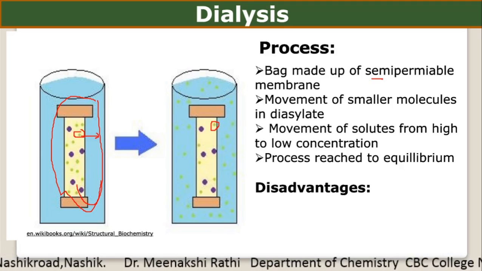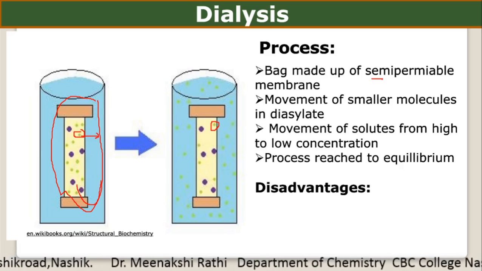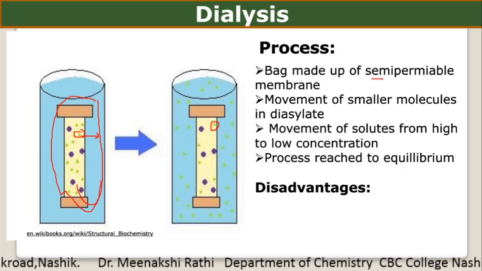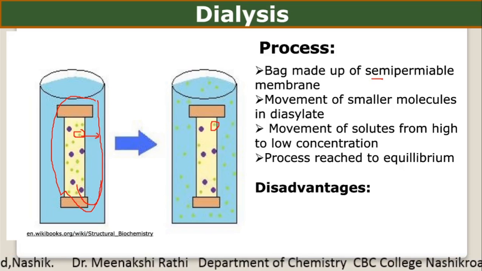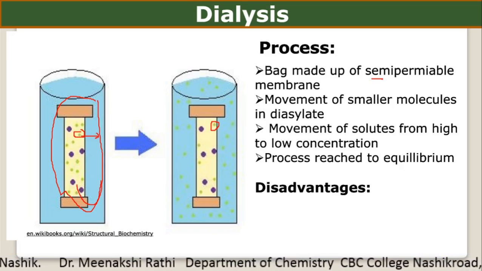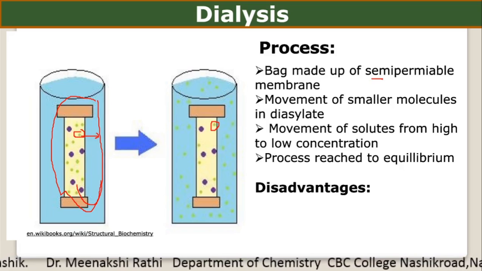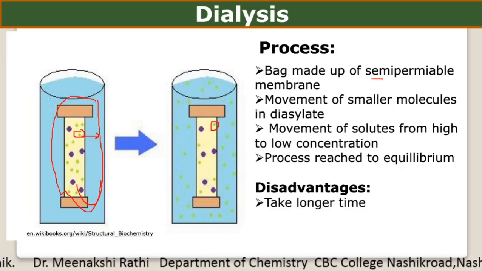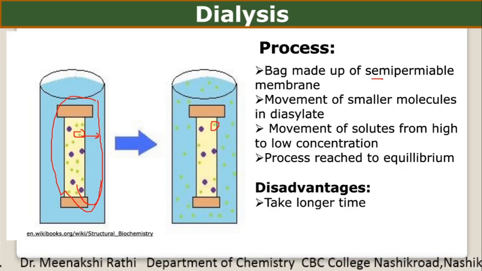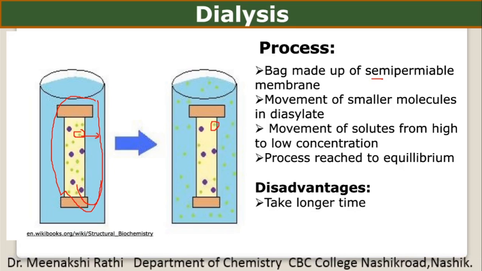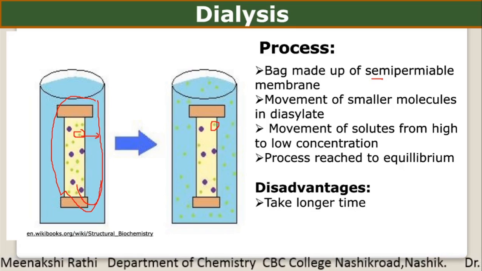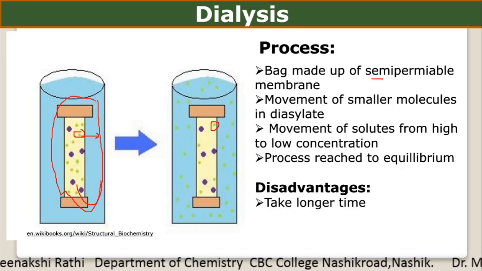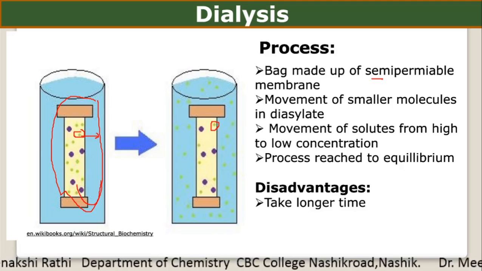Though this process is quite good to separate the bigger protein molecules from the smaller impurities, it has some disadvantages. One of the biggest disadvantages is that it takes a longer time. Here we need to repeat the process continuously till we get the purest sample.